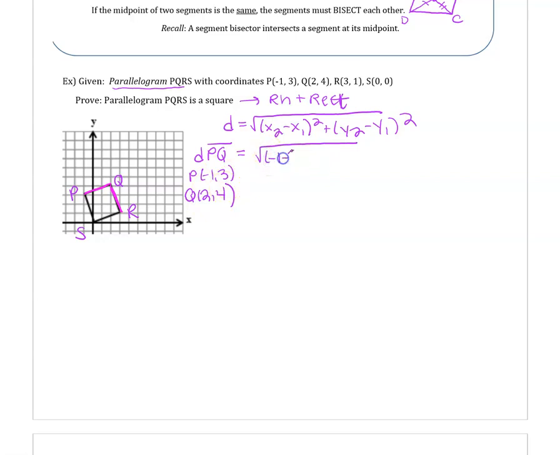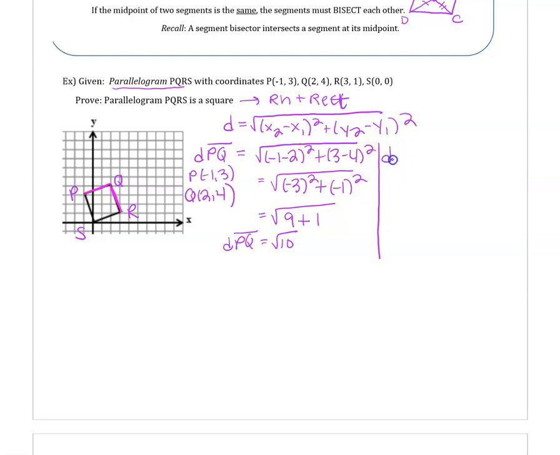So I'm going to do -1 minus 2 squared plus 3 minus 4 squared. So that is negative 3 squared plus negative 1 squared. Notice my parentheses. Now, negative 3 squared is a positive 9. Negative 1 squared is a positive 1. So I'm getting the distance of PQ to be the square root of 10.